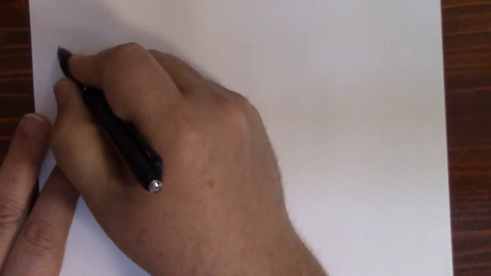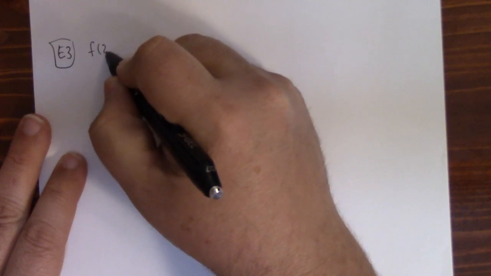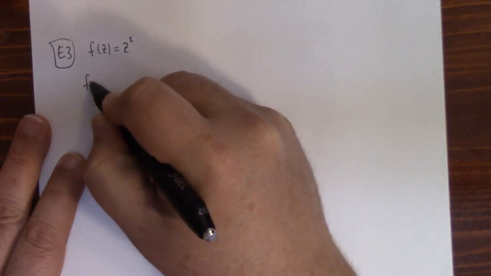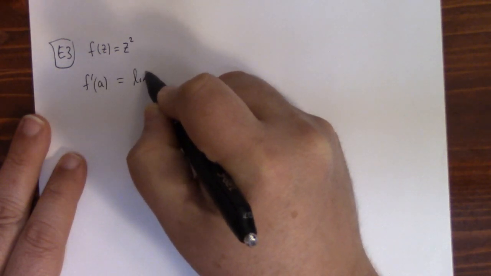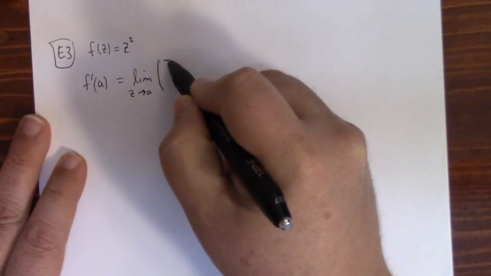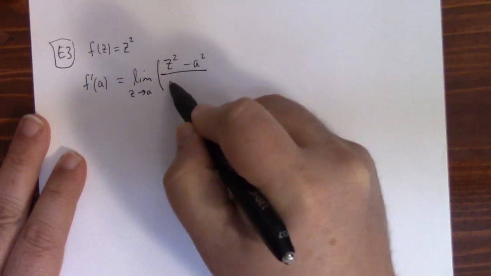Okay, so example 3. Let's look at f of z equal to z squared. Calculate f prime of a. So we're looking at the limit as z goes to a of z squared minus a squared over z minus a.